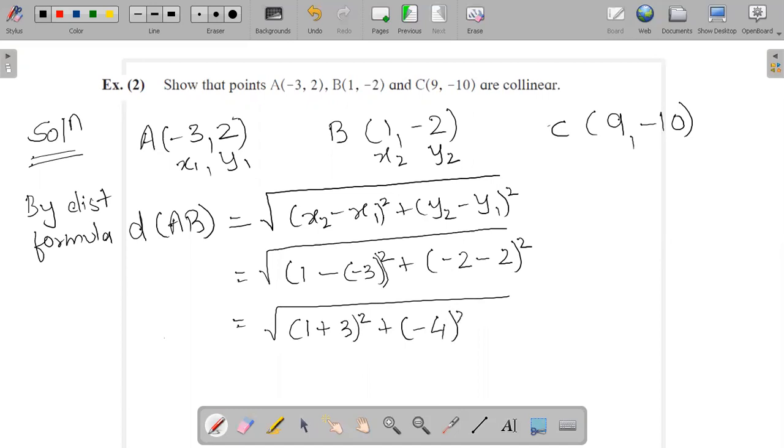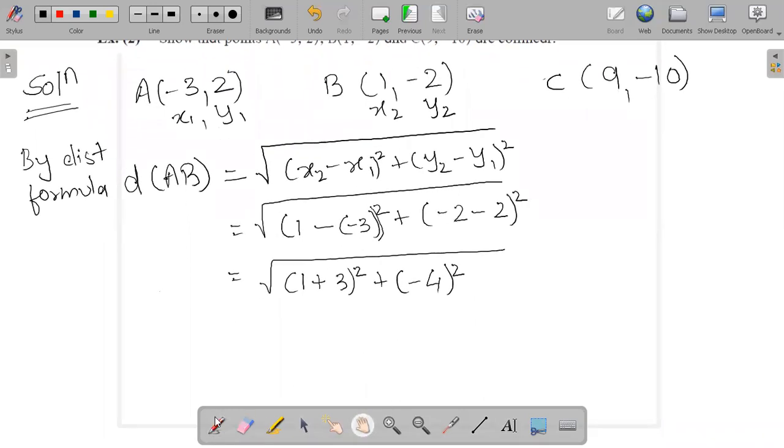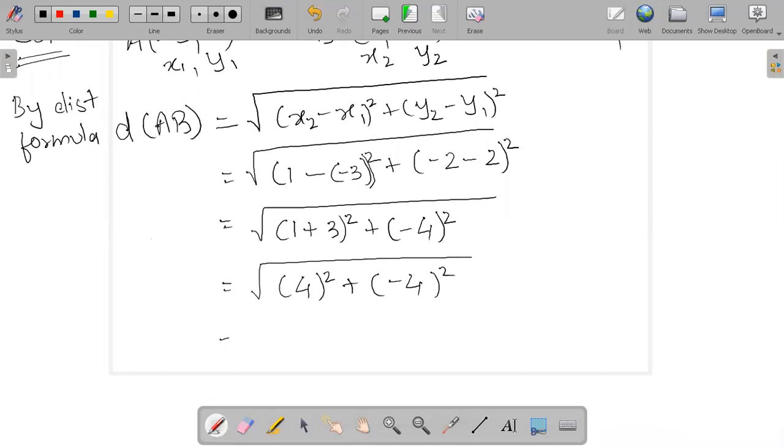So it becomes -4 the whole square. This becomes 1 plus 3, that is 4 square plus -4 square. What's the square of 4? 16. And square of -4? 16. And 16 plus 16 will give you?